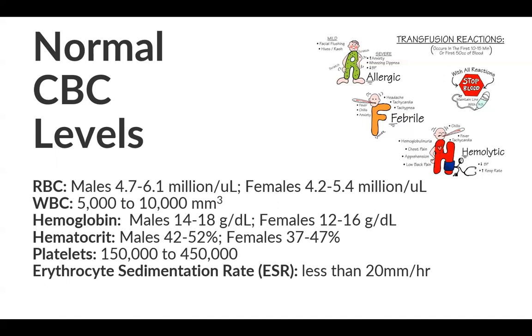Now, this value that I'm showing you here, 5,000 to 10,000, that is the range, and that is in cubic millimeters. We could have a white blood cell count with differential, where we look at specific information on specific white blood cells. And that could be your neutrophils, your lymphocytes, your monocytes, eosinophils, or your basophils.